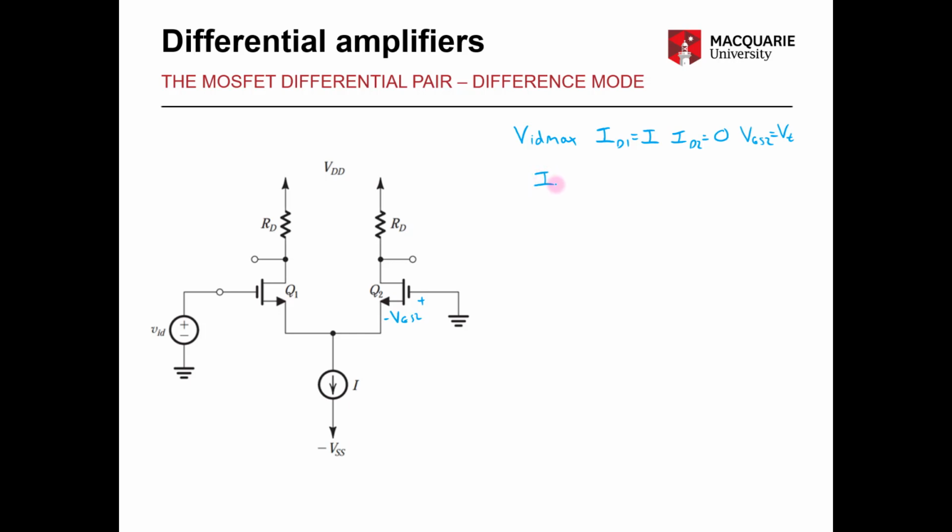So we know that ID1, which is equal in this case to I, equals 1/2 of the process transconductance parameter Kn times the width over the length times VGS1 minus VT squared.